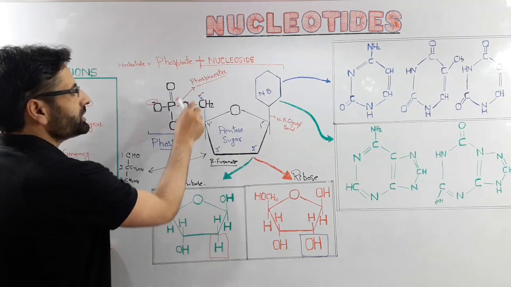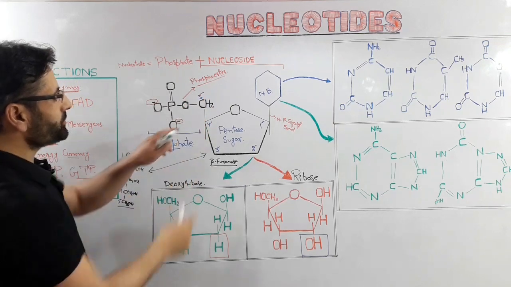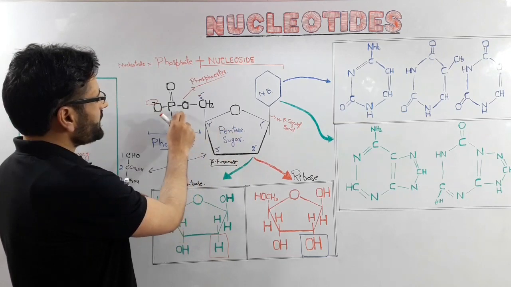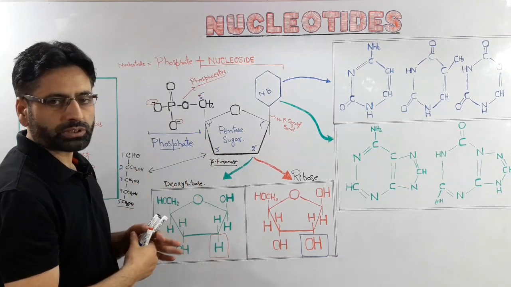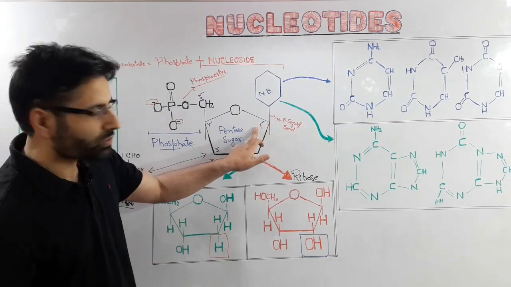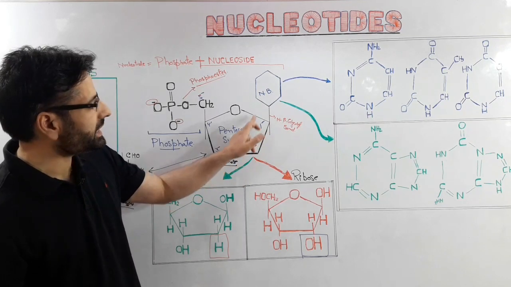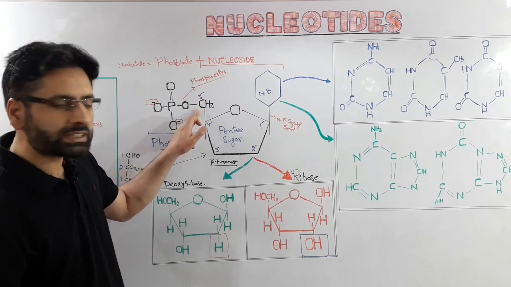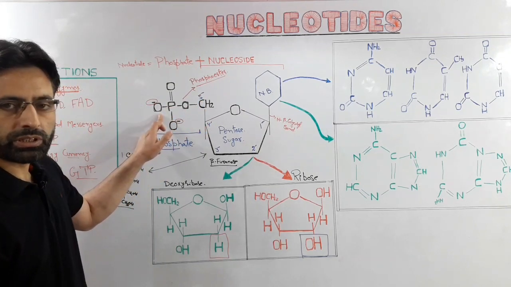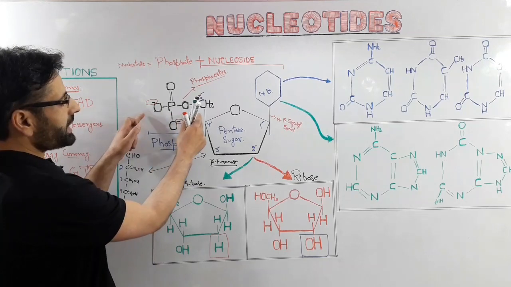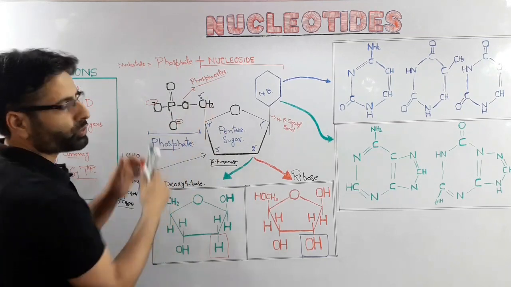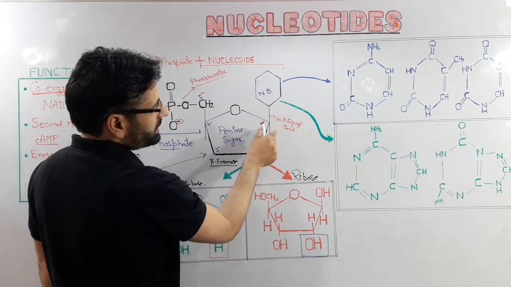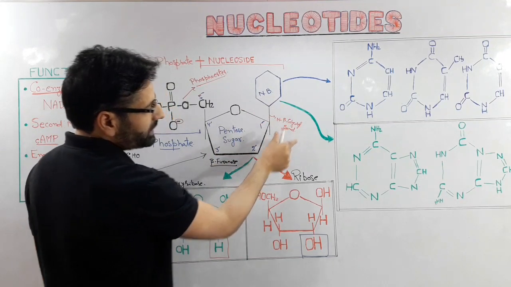Through the first prime carbon, this pentose sugar is attached with the nitrogen base through this beta glycosyl bond, and through this phosphoester bond at the 5 prime carbon, this pentose sugar is attached with the phosphate group. You can say that at the first carbon this pentose sugar is attached with the nitrogen base, and at the 5th carbon it is attached with the phosphate group through the phosphoester bond, and the nitrogen base is attached with the first carbon through the glycosyl bond.